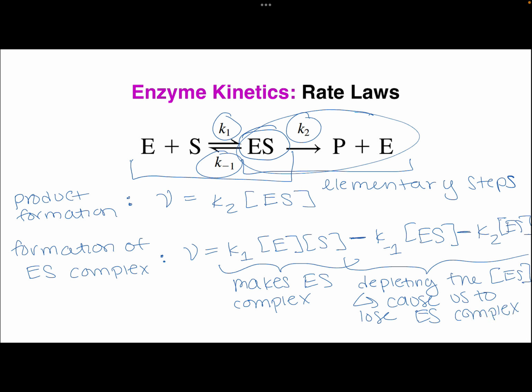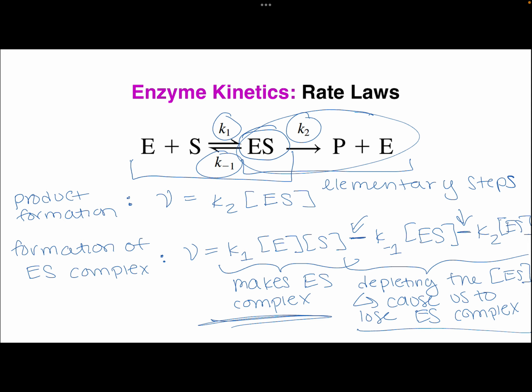And because they're causing us to lose enzyme substrate complex, they have to be subtracted from our rate of formation of enzyme substrate complex. And that gives us an accurate rate describing how much enzyme substrate complex we have at any given moment.